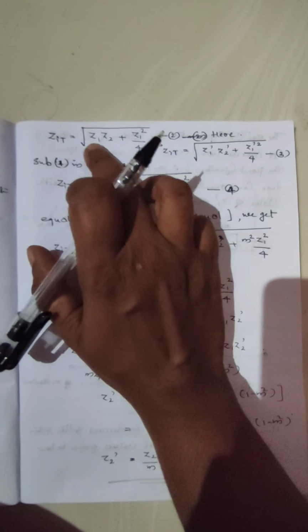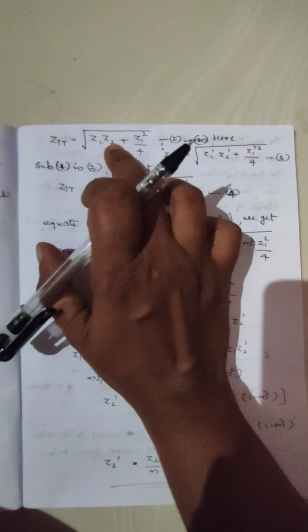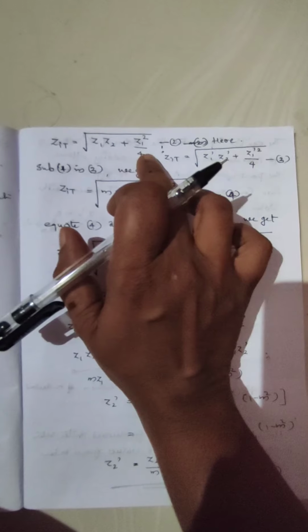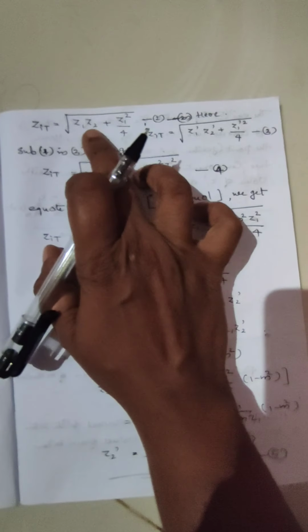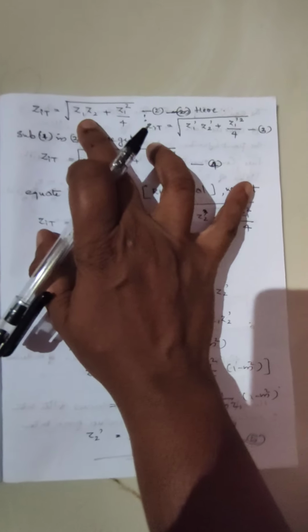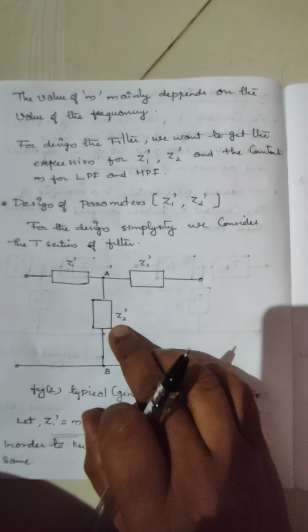Here we assumed that z1 is equal to m into z1. From within this formula we want to give the expression for this figure. Instead of z1 we substitute z1 dash, and instead of z2 we substitute z2 dash.